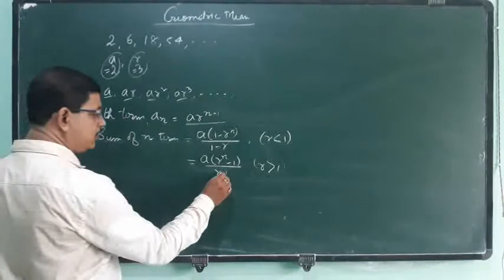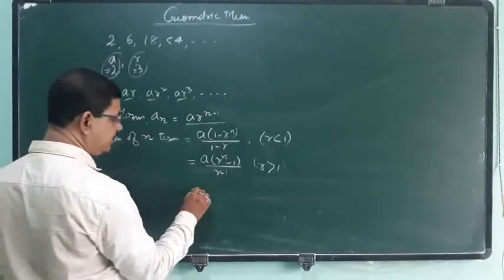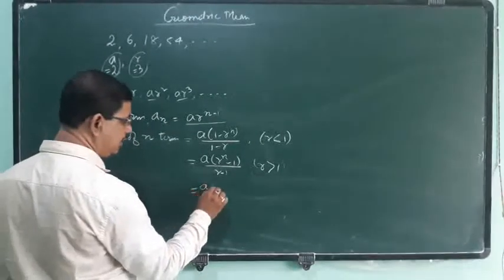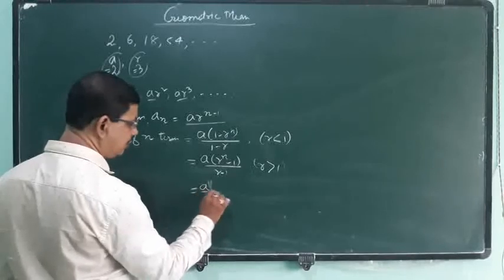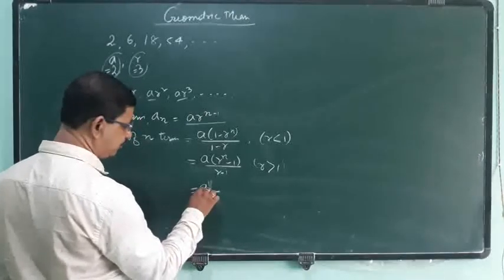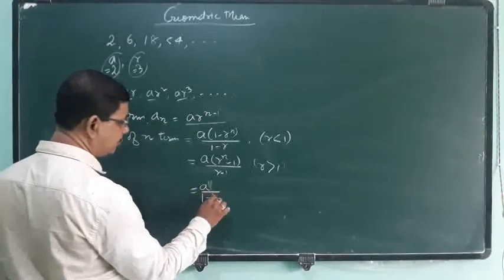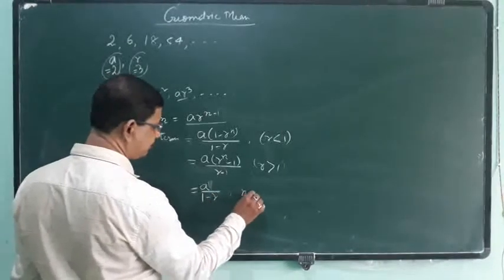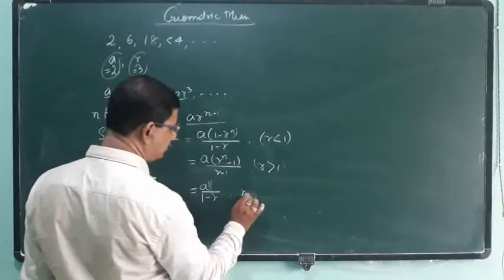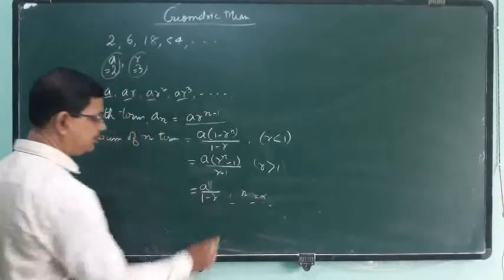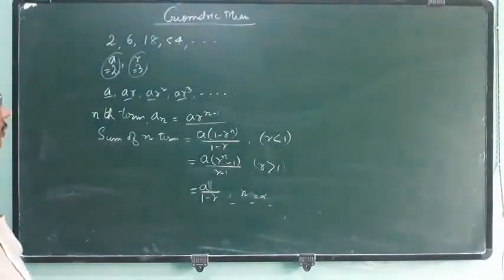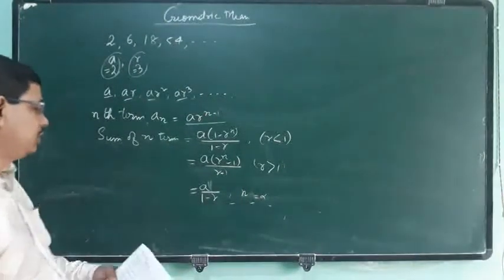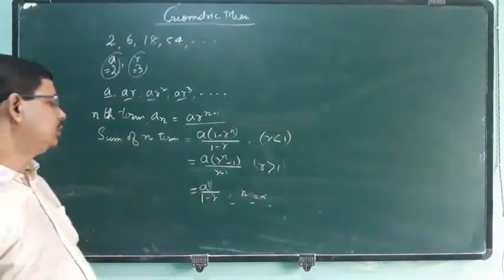If n is very big, that is infinite terms, then the sum is a by 1 minus r.